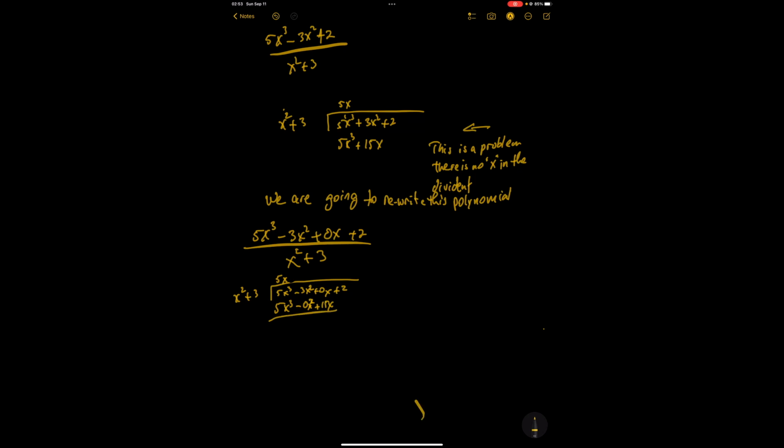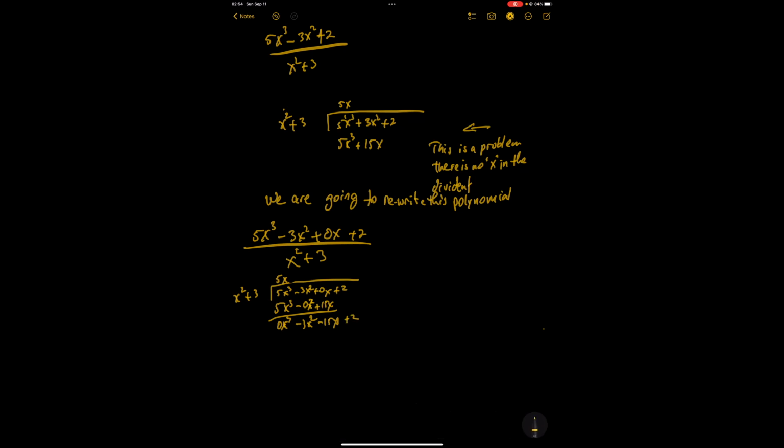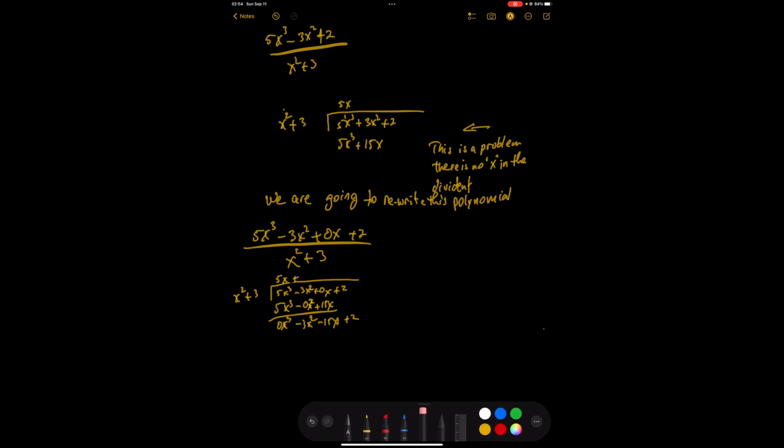And that will be equal to 0x cubed, which is 0, and negative 3x squared plus the 0, that will be equal to negative 3x squared. 0 minus 15 is equal to negative 15x. All right? And now we're going to bring down the 2.